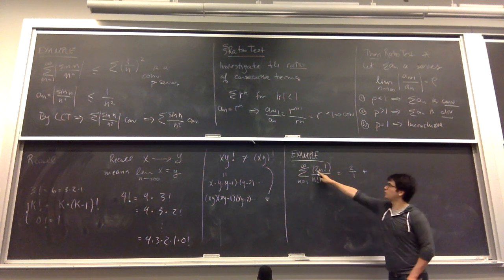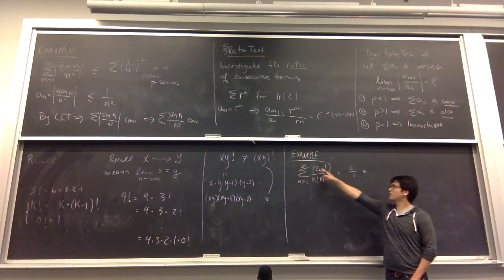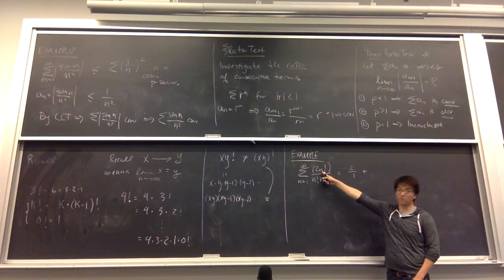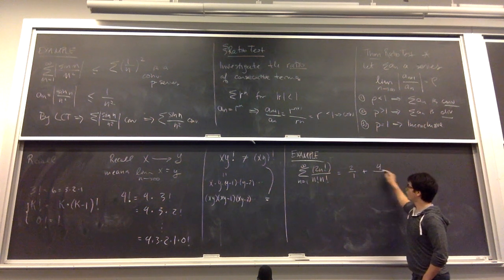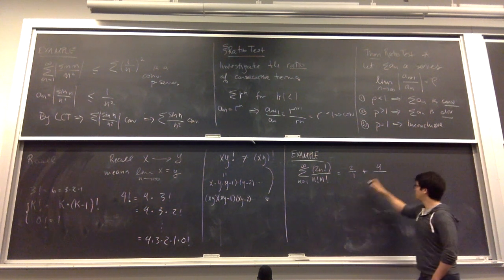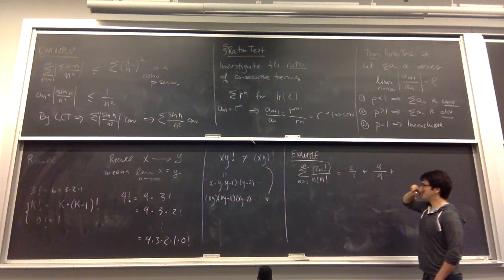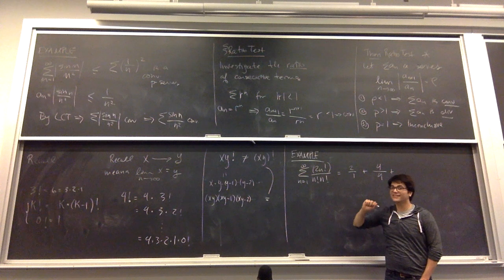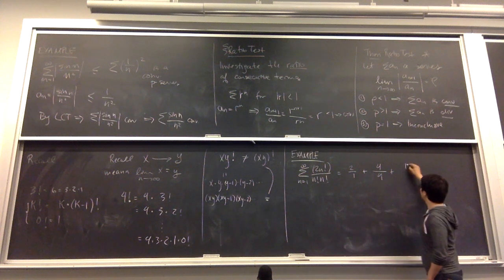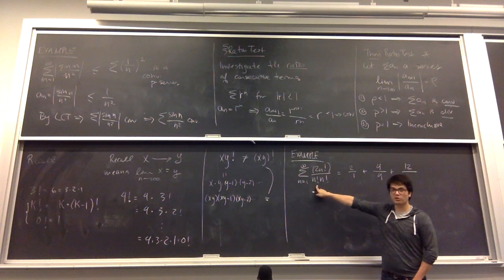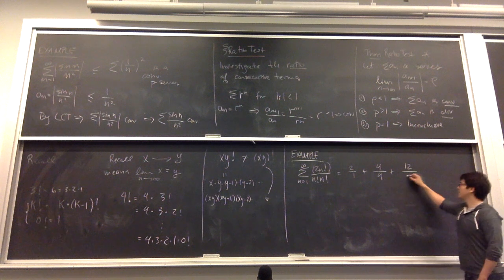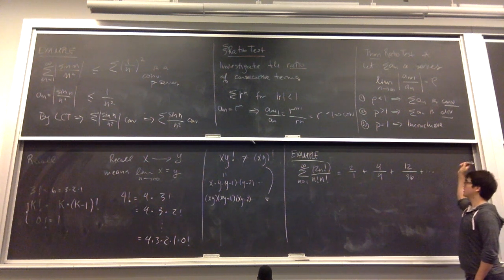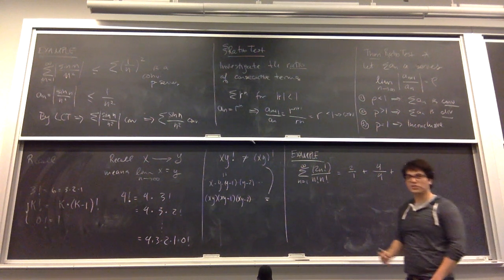The next one's going to be 2 times 2 factorial. 2 factorial is 2. 2 times 2 is 4. Over 2 factorial, that's 2 times 2, that's 4. The next one's going to be 2 times 3 factorial. 3 factorial is 6 times 2 is 12. Over 3 factorial, 6 times 6, that's 36, and so on. That's not really too important. I just wanted to make sure you can use the factorial notation properly.